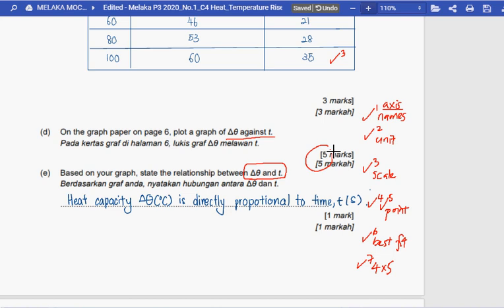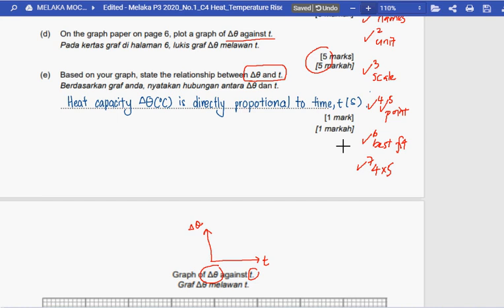Alright, if you get all the 7 ticks, you get 5 marks. If you get 1 tick, 1 mark. If you get 2 ticks, it will be 2 marks.